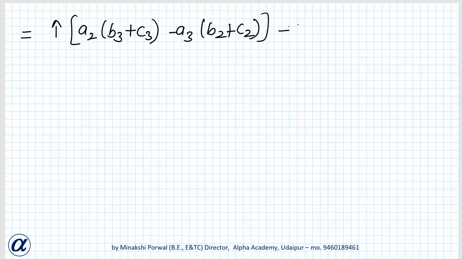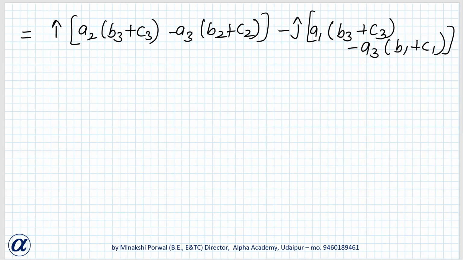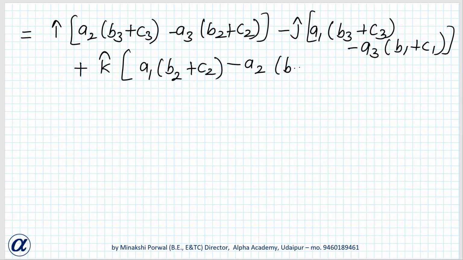Similarly, minus J into A1 into B3 plus C3 minus A3 into B1 plus C1, plus K into A1 into B2 plus C2 minus A2 into B1 plus C1. Okay, that is equal to LHS.